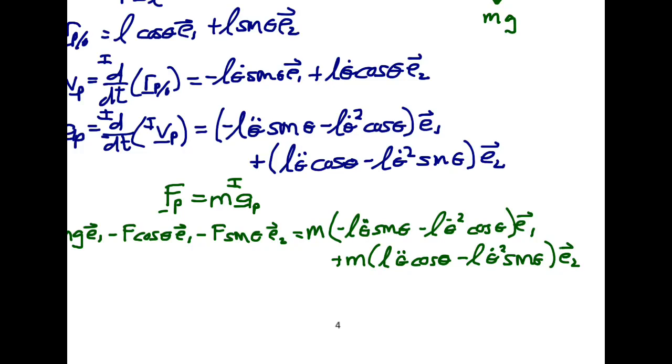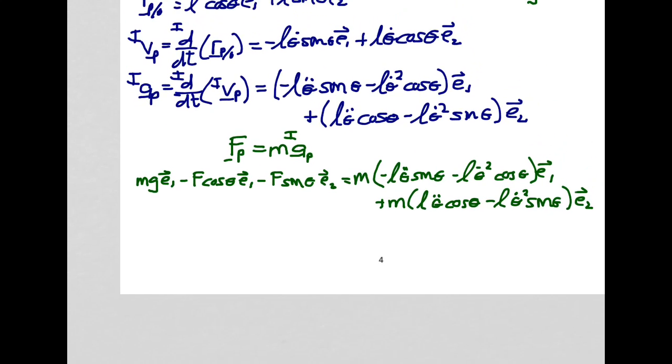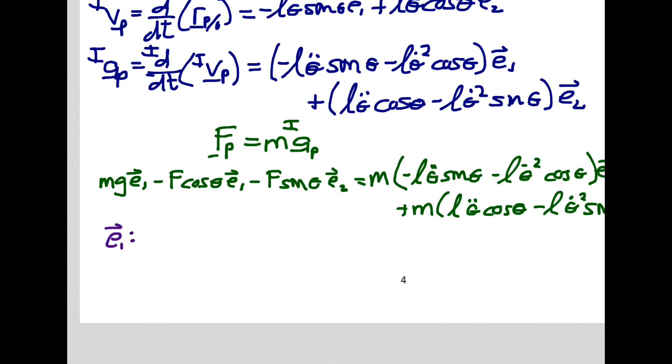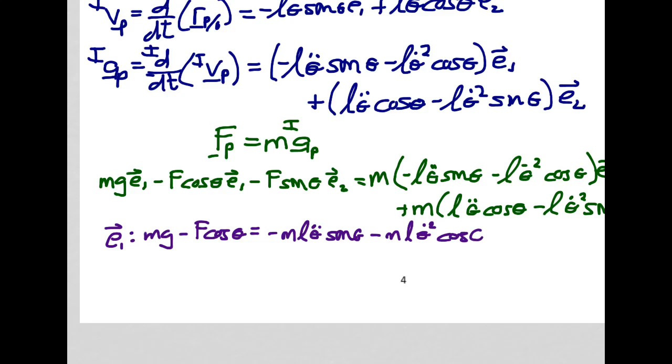The last step is to equate our coefficients from the E1 direction and the E2 direction. From that we get mg minus F cosine theta is equal to minus mL theta double dot sine theta minus mL theta dot squared cosine theta.